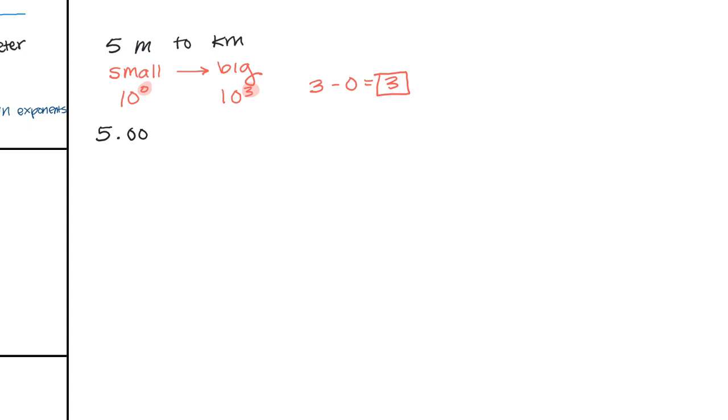We are going from small to big, which means that decimal point is actually going to be moved 3 decimal places to the left. So we're going to say 1, 2, 3. Our new decimal point is going to be right here. I apologize, I'm going into these notes, so if this is hard to see, again, I apologize.